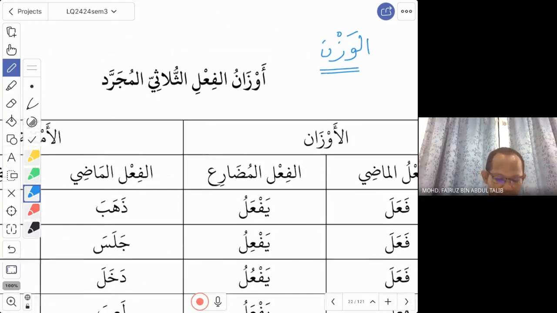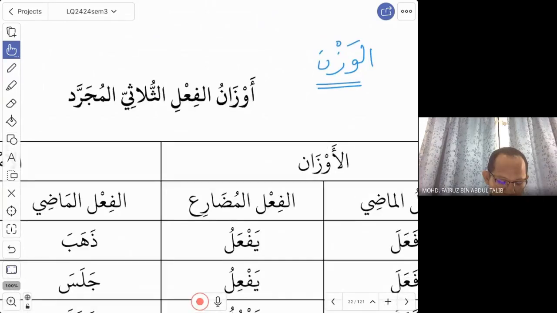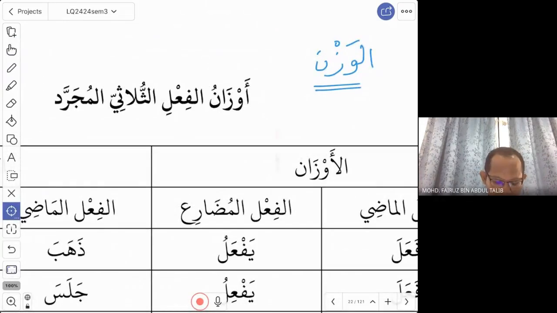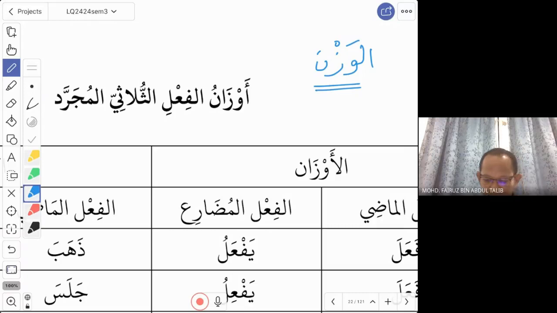And when we talk about wazan, or the pattern, we will talk about three important huruf, three important letters, which are the letter fa, ain, and the letter lam. Three letters.